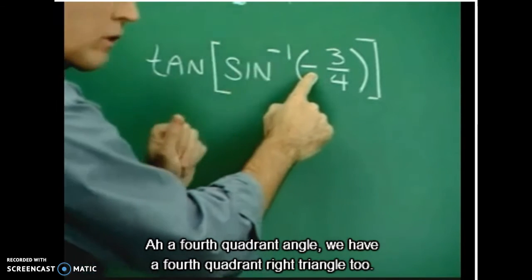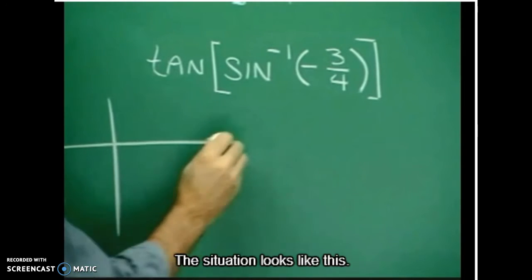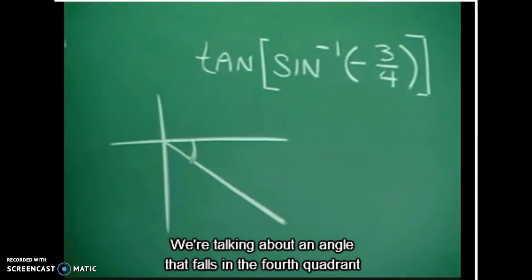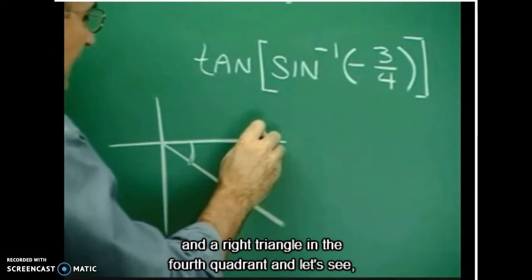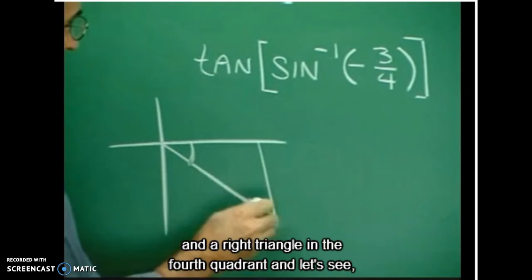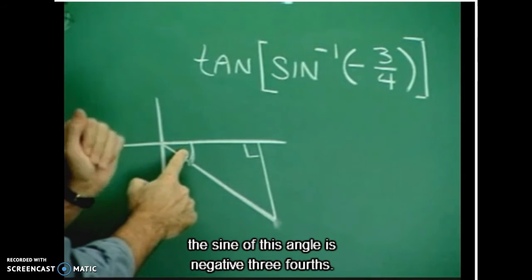Fourth quadrant angle. We have a fourth quadrant right triangle, too. The situation looks like this. We're talking about an angle that falls in the fourth quadrant and a right triangle in the fourth quadrant. And let's see, the sine of this angle is negative 3/4.